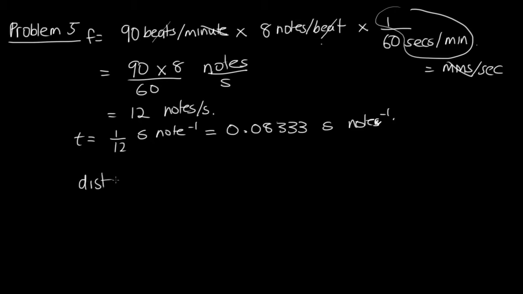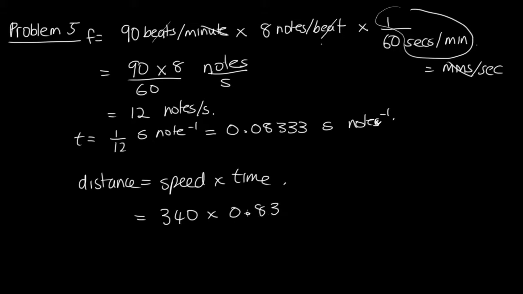Distance is equal to speed times time. The speed of sound depends on the temperature, but it's about 340 meters per second, times 0.08333. Solving that, we end up with around 28 meters. We only want to give it to 2 significant figures because this 340 is only an approximation in the first place. So they could be 28 meters apart.